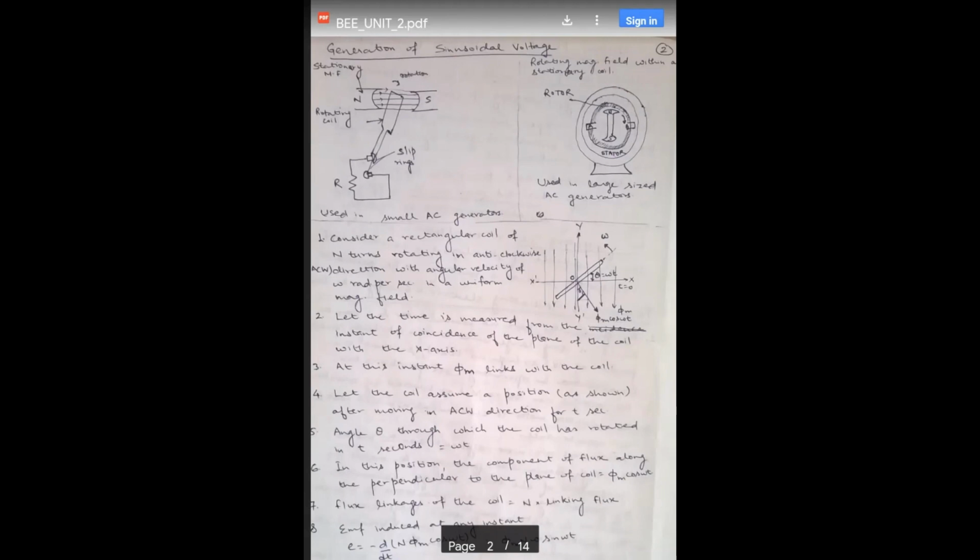Or both systems are in movement, that is also possible.